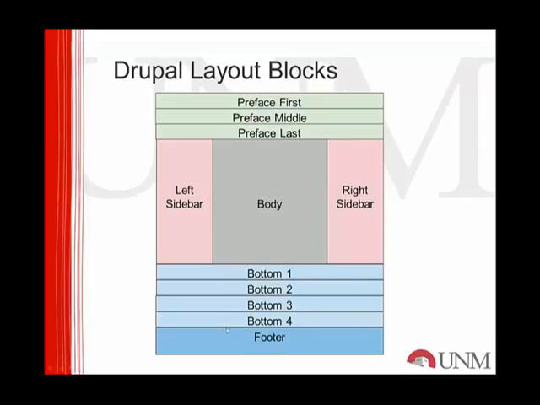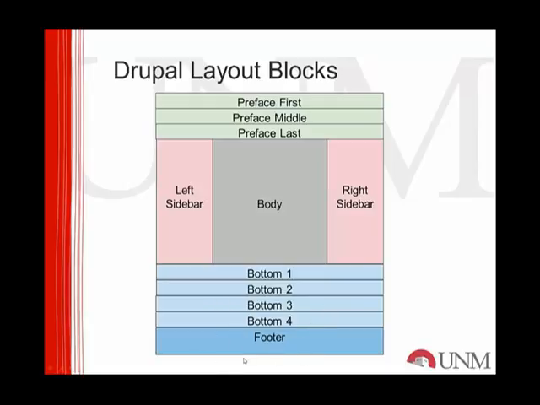There are headers and footers and little intermediate content zones where you can put something like a message, or you can say that this is a UNM sponsored website in one bottom area. You can put your copyright notice or your web accessibility link or your feedback link in another bottom area.